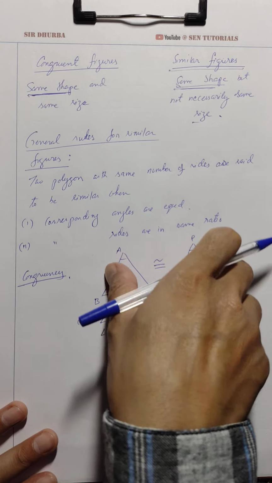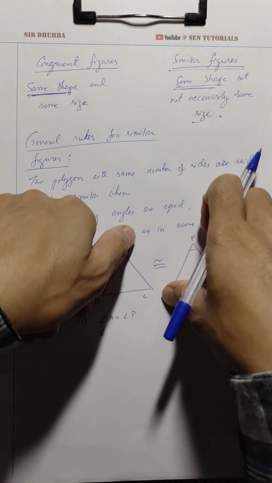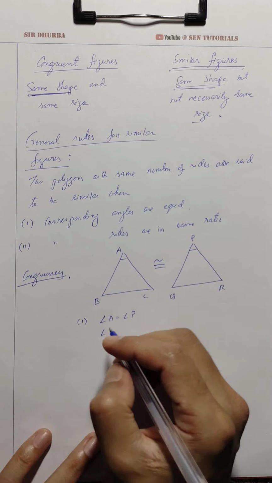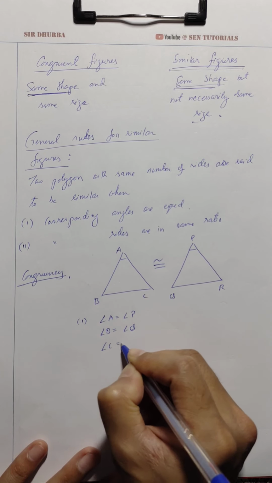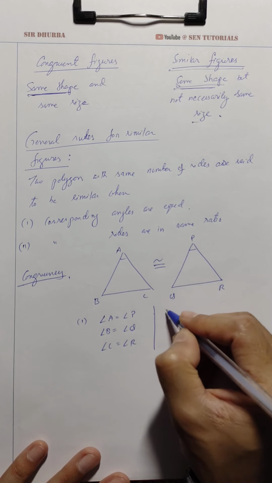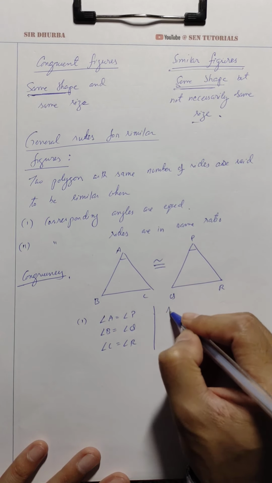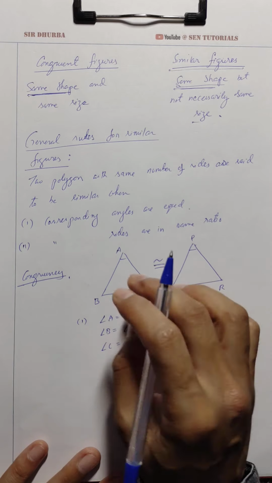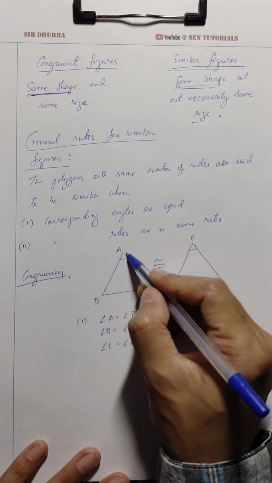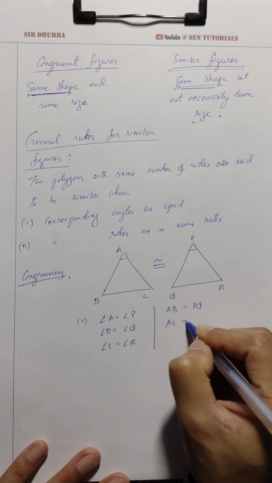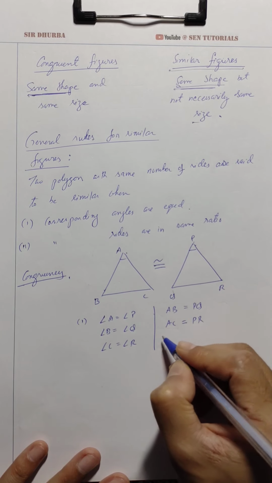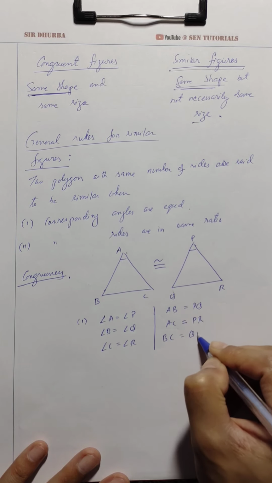That means if you rotate both the triangles anti-clockwise, their sides will remain the same. Okay, positions will remain the same. Angle C equal to angle R, and also their corresponding sides AB is equal to PQ. So that direction also has to be maintained. AC is equal to PR, BC equal to QR.